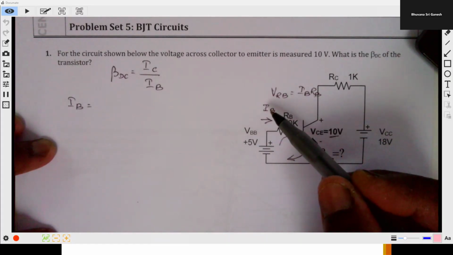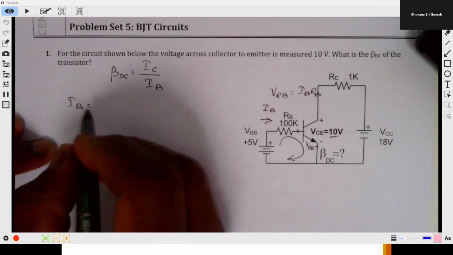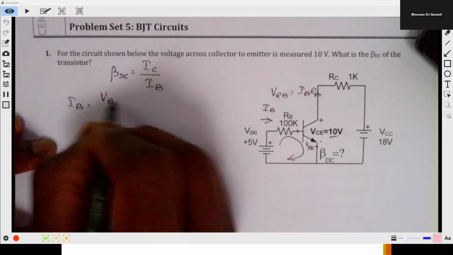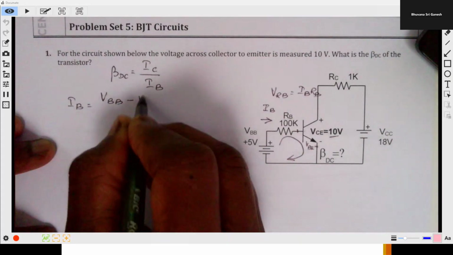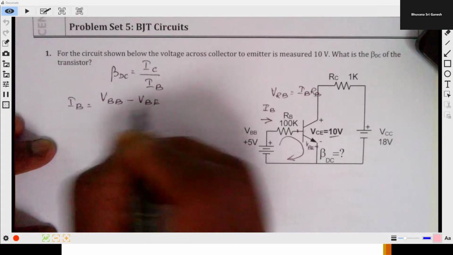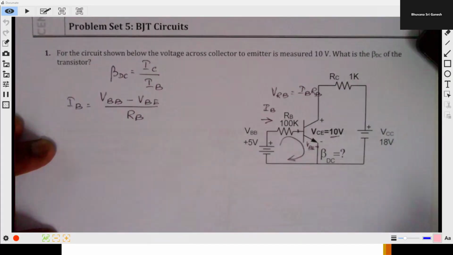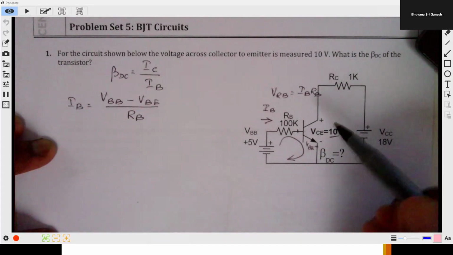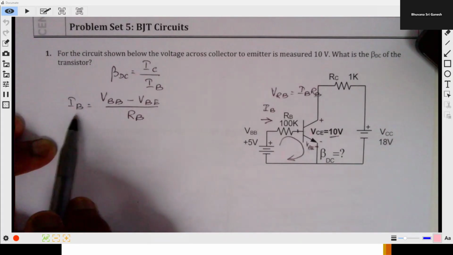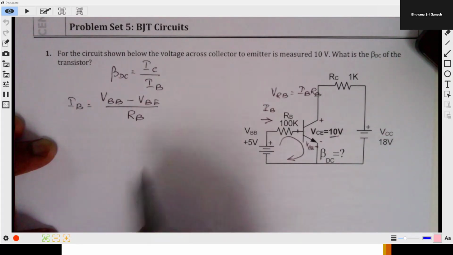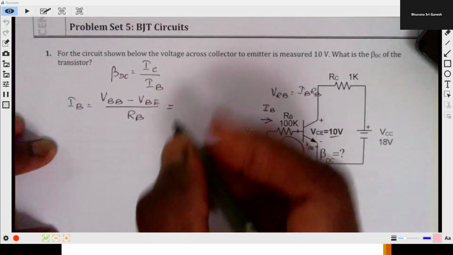So the formula goes like this: IB equals VBB minus VBE over RB.